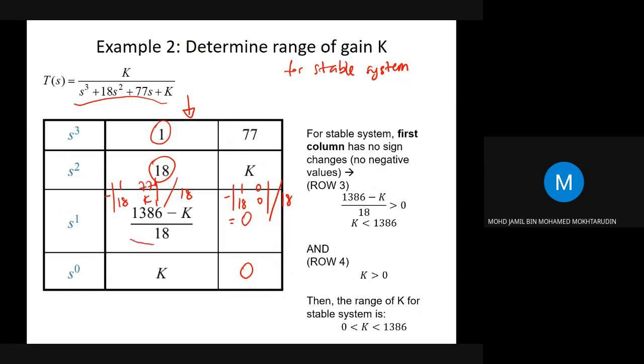And here our row S1 has a variable K. So to determine the range of K, you make sure that the term here must always be positive. So from here you can determine K. K must be less than 1386 for a stable system, or for this row to be positive.